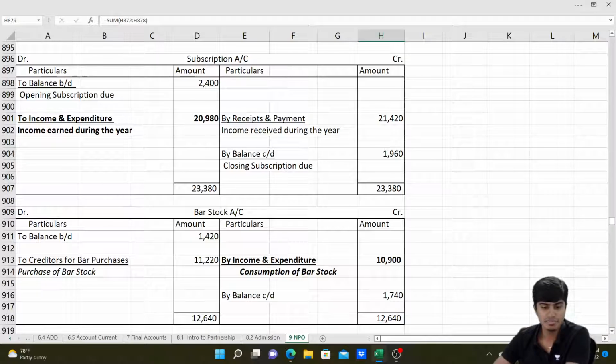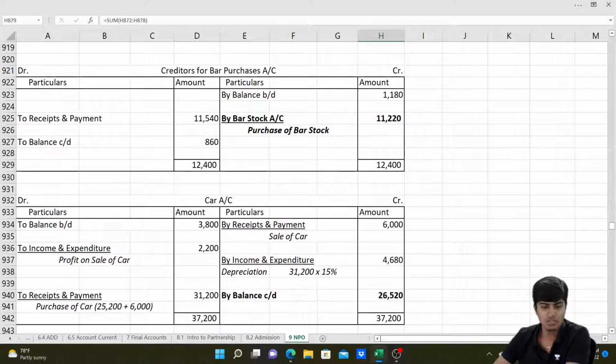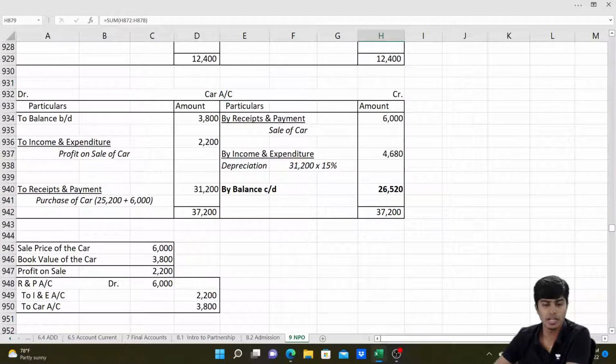After this, we have creditors for bar purchase and car account. And lastly, that small working note on car account.